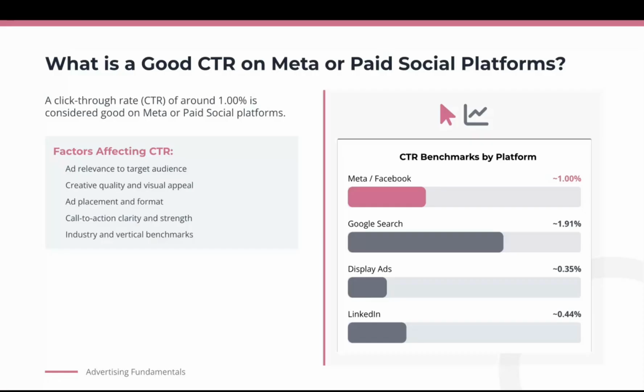So Meta, for example, would have the CTR by platforms, really, to give you a realistic example.